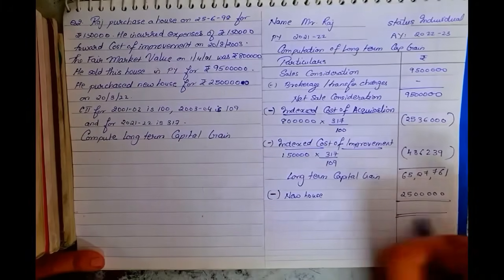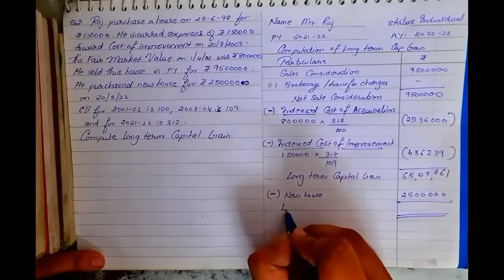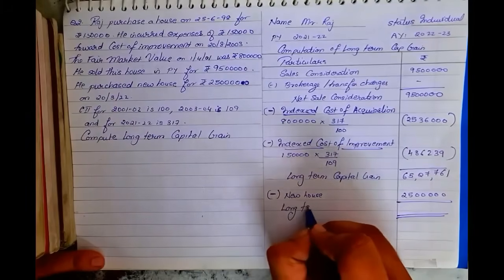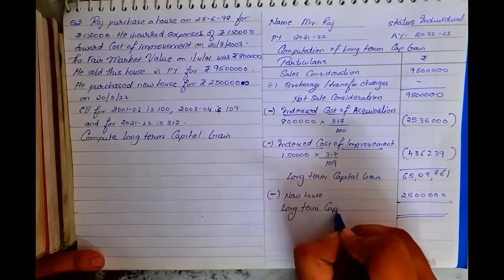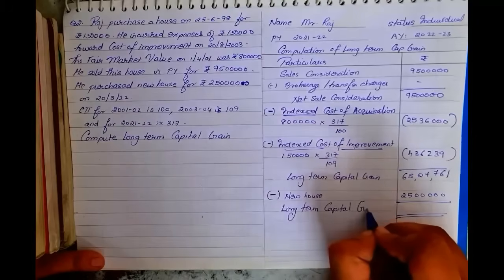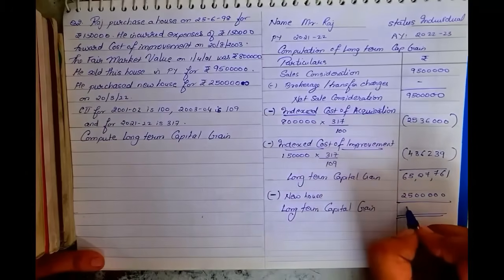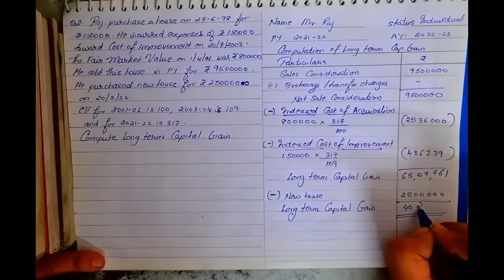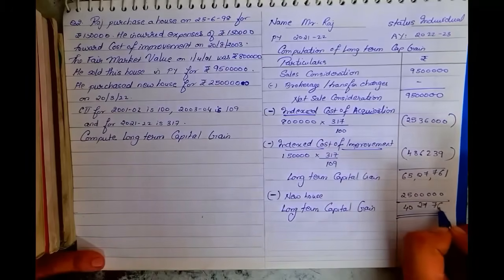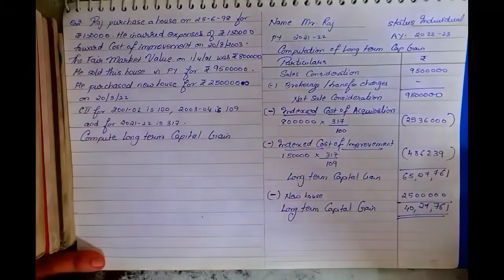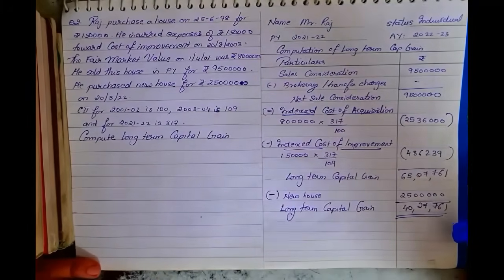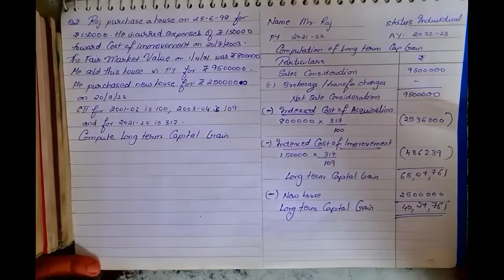So when you subtract, you will get a final answer as net long-term capital gain, which will be approximately 40,27,761. So this is how we need to solve the sum based on long-term capital gain.